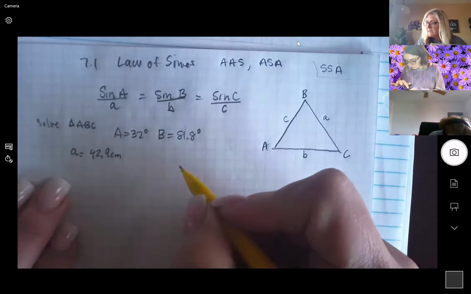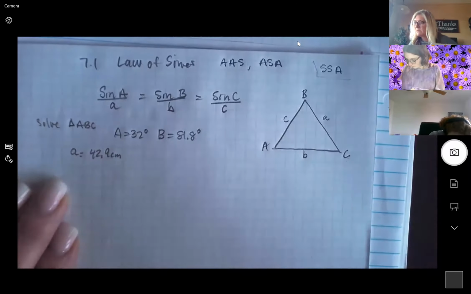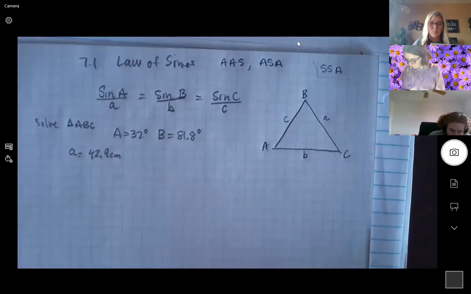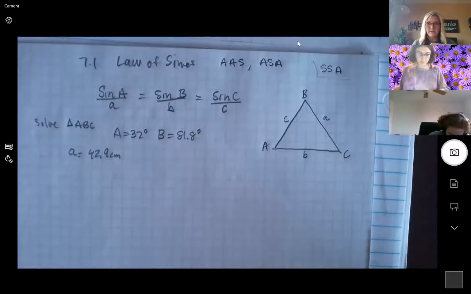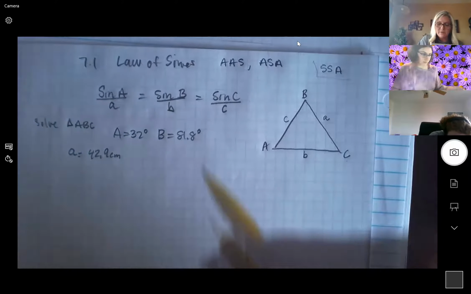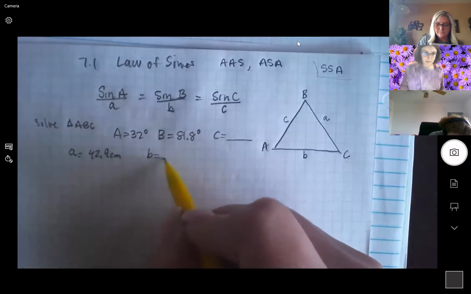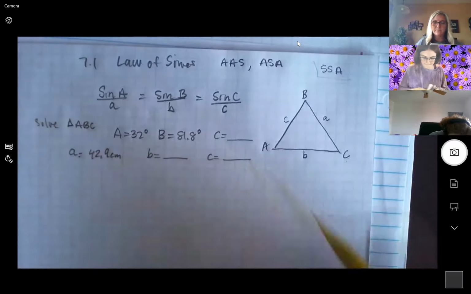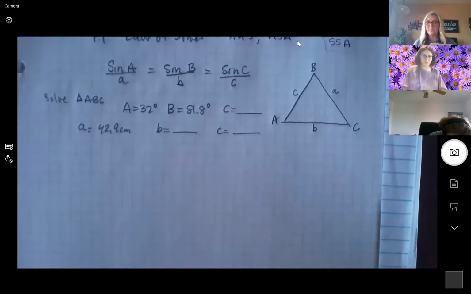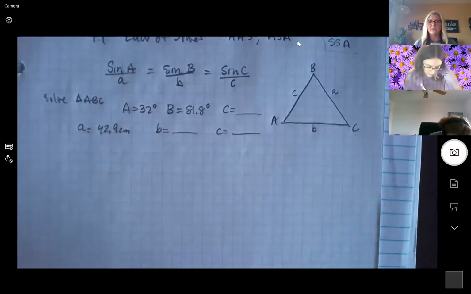That's what we're given. So what we have to find is angle C, side b, and side c. Those are the three things that we're going to look for. Once we solve a triangle, it means you have all the angles and all the sides.